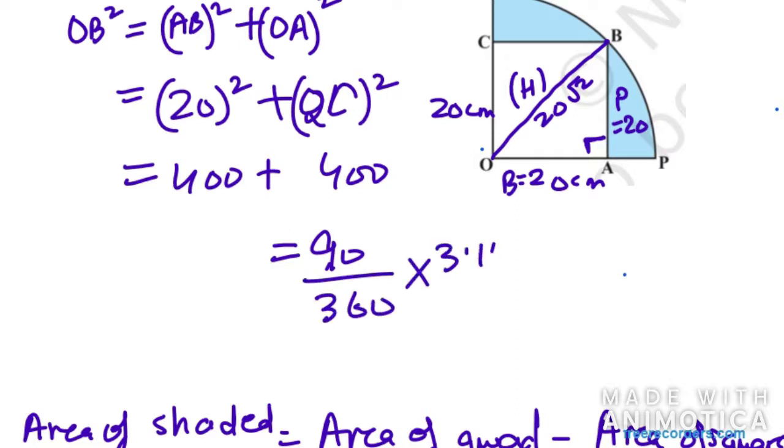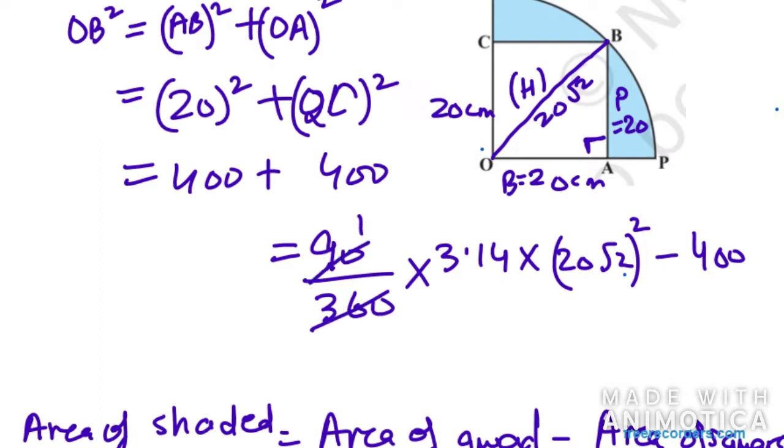Pi we need to take as 3.14. R in this case is 20 under root 2, square, minus area of square, that will be 400. 20 into 20 is 400. So this will be 1 by 4. And when you solve this part, you will get 800. So when you reduce this whole, you will get your answer as 228 centimeters square.